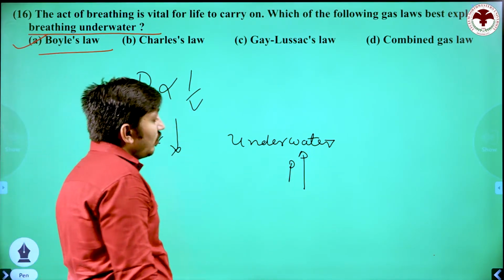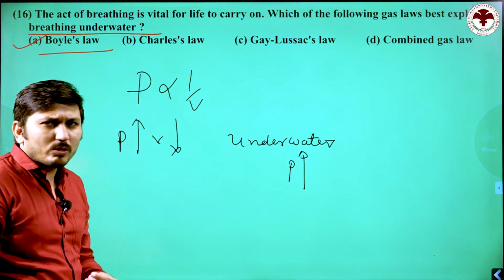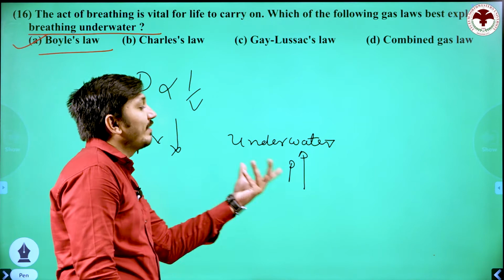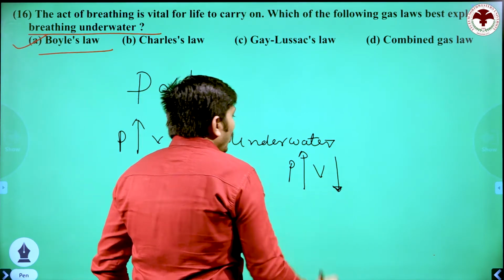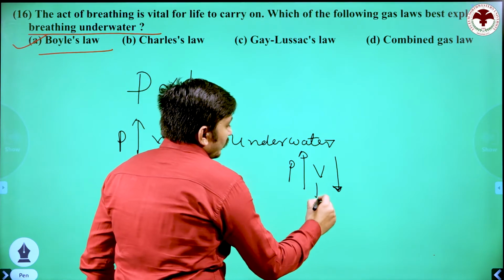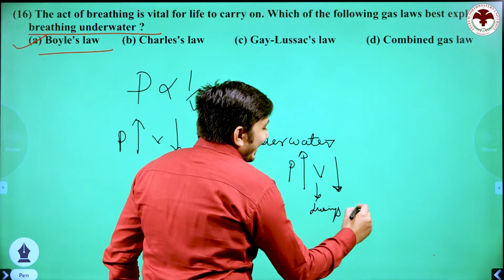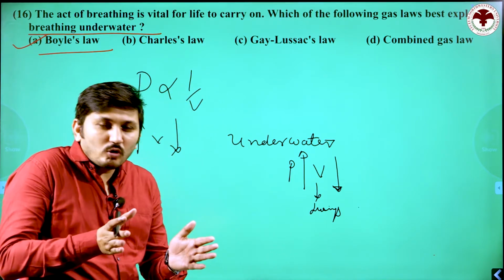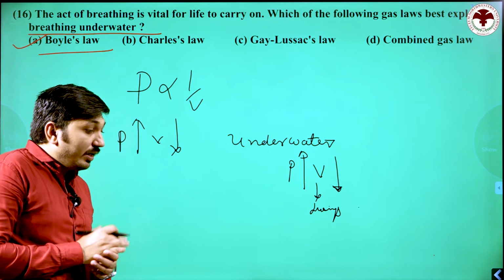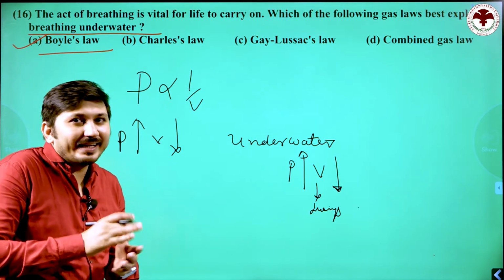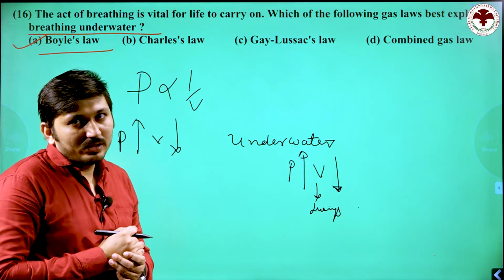So, according to this law, if the pressure of gas under the water is very high, the volume becomes very low. So, our lungs shrink due to the lower volume, and we know that if the lung is shrinking, this is not good for breathing.